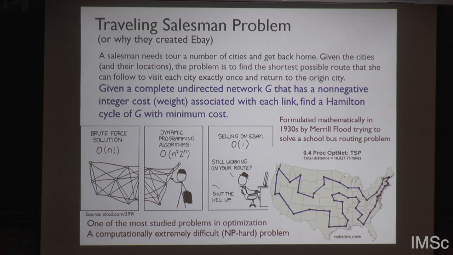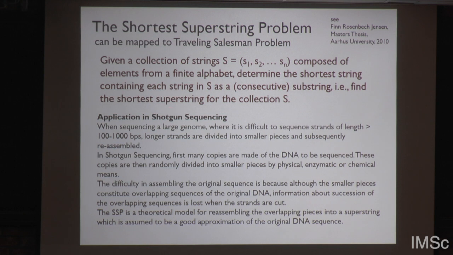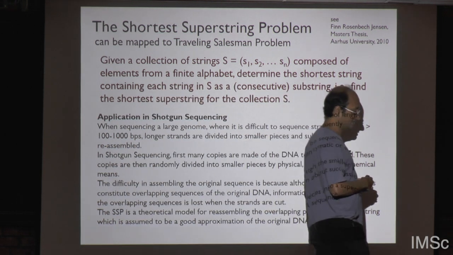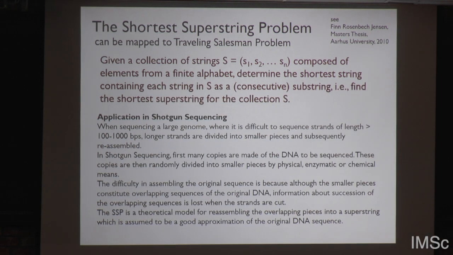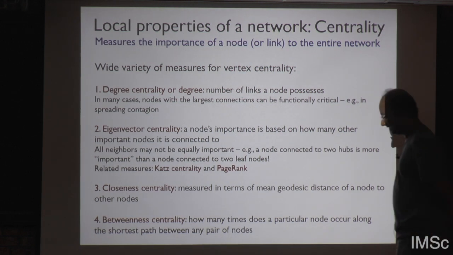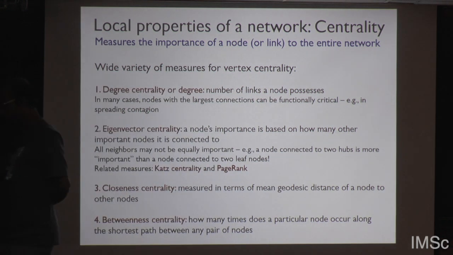There are no polynomial time algorithms to solve it, and as Leelavati mentioned, it's mappable to a whole series of problems occurring in different areas, including the shortest superstring problem that she mentioned, which is very important for sequencing.